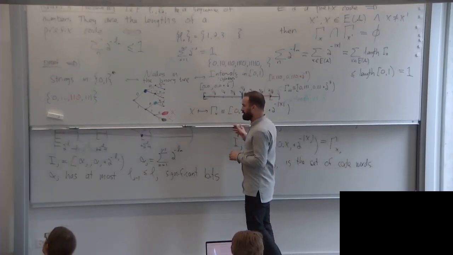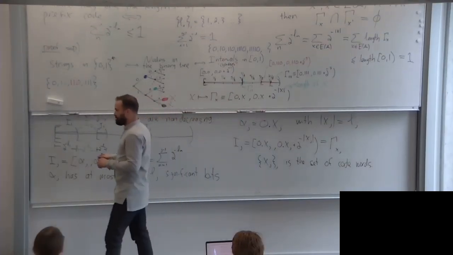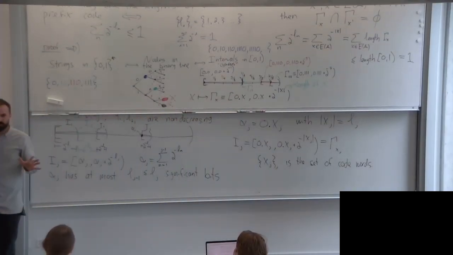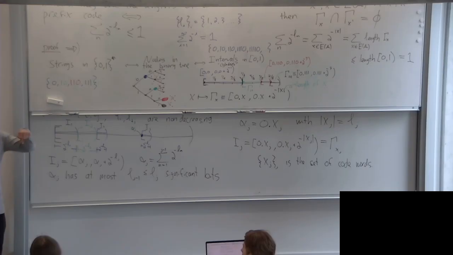I'm actually going to ask a tricky question. I have a code, and its code word lengths fulfill Kraft inequality. Is it a prefix code? No, not necessarily. Yeah, you could just reverse all of those. Exactly.